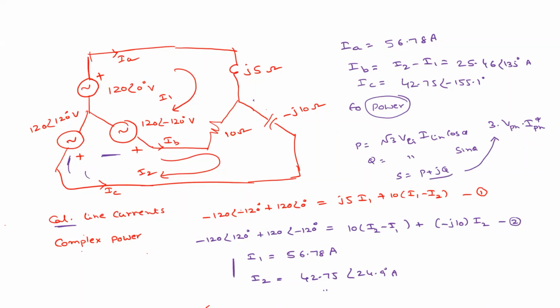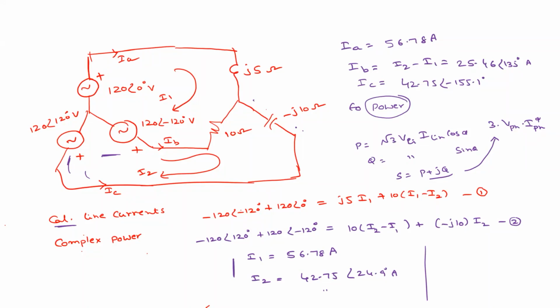So this also can be written as, if you know the current, the same formula will be acceptable here. Are these formulas acceptable here? So these formulas are acceptable here.